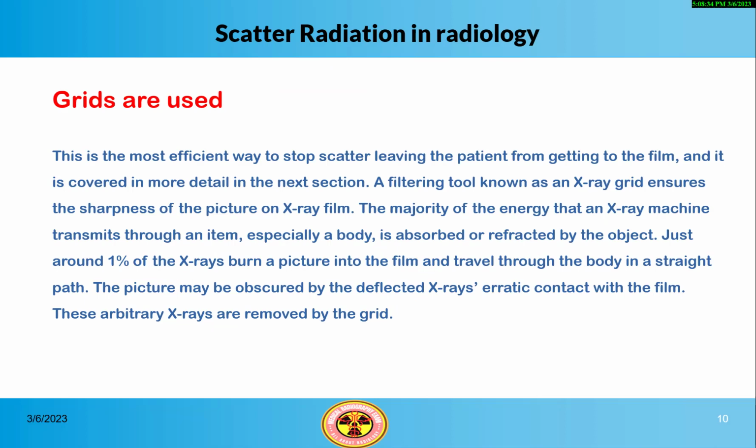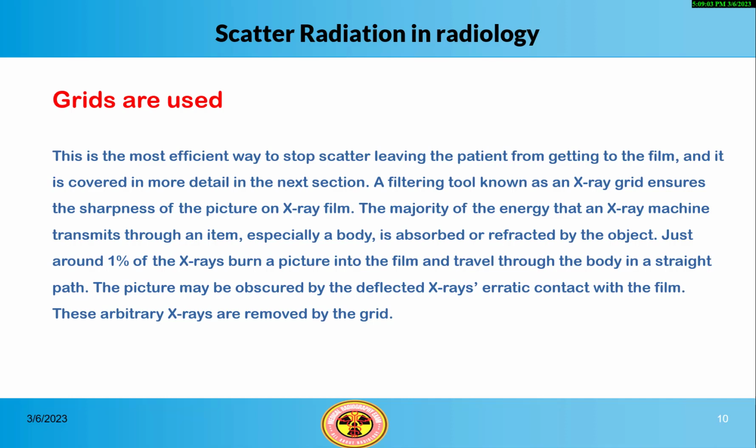Grids are used. This is the most efficient way to stop scatter leaving the patient from getting to the film, and it is covered in more detail in the next section. A filtering tool known as an X-ray grid ensures the sharpness of the picture on X-ray film. The majority of the energy that an X-ray machine transmits through an item, especially a body, is absorbed or refracted by the object.